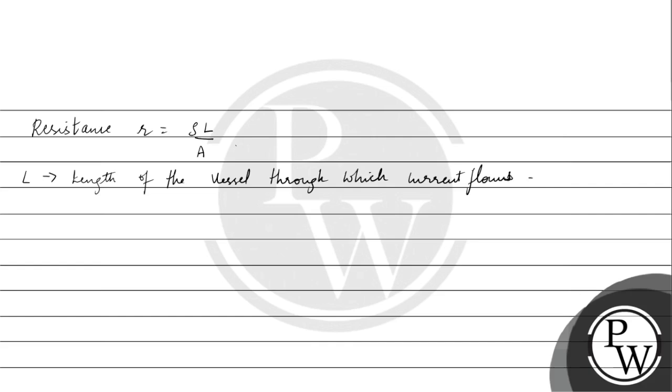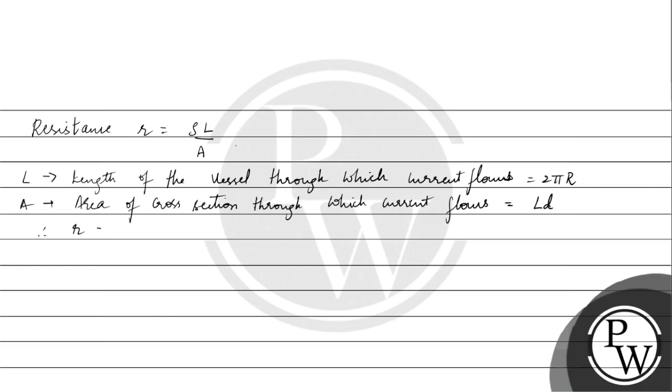So that is given by 2 pi capital R, and A is the area of cross-section through which current flows, and that is given by capital L into D.